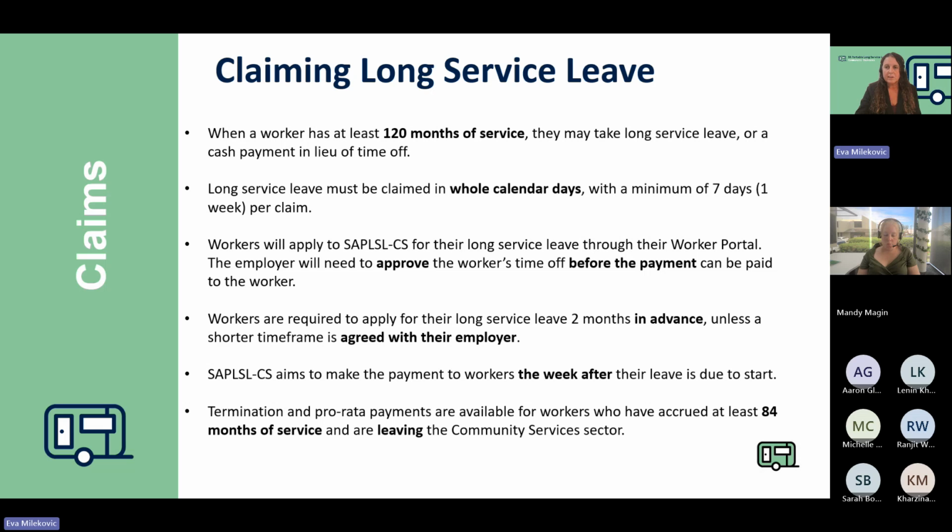Workers submit their application through the worker portal, but the leave won't be paid until the employer approves the time off. The standard rule is that workers should apply 2 months in advance, but you can agree to a shorter notice period if needed. Payments are generally made the week after the leave starts, so the worker has access to their pay on time.